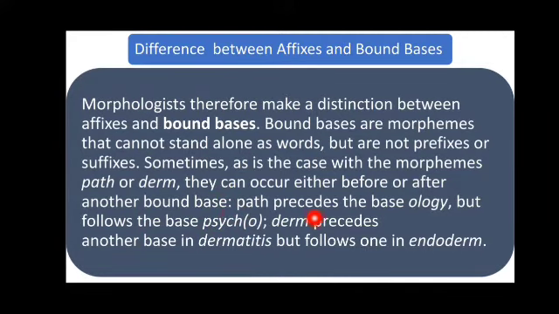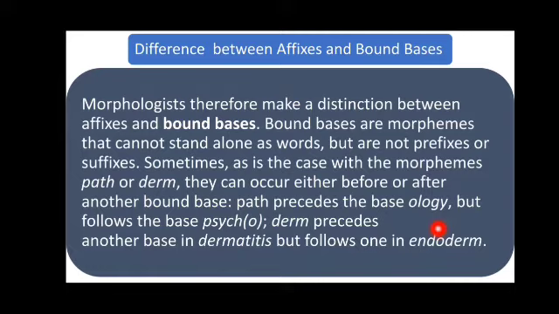Similarly, derm precedes another base in dermatitis but follows one in endoderm, right? So these bound bases are flexible. Sometimes they follow another bound base and sometimes they are preceded by another bound base.